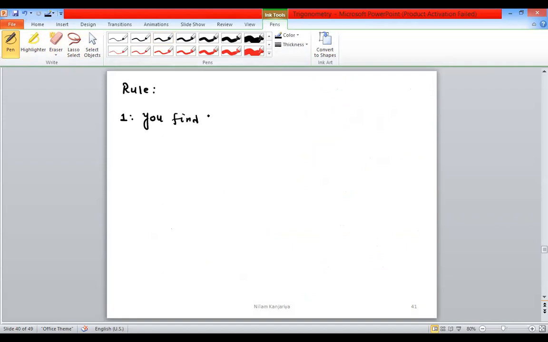You find the quadrant. Second step, after deciding your quadrant, you check which trigonometric functions are positive and negative.